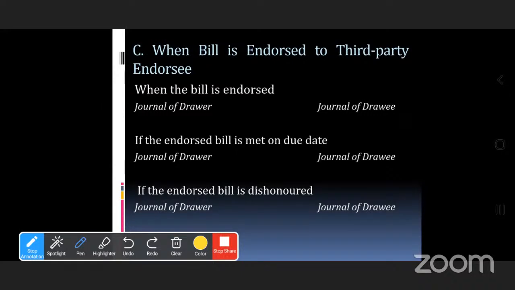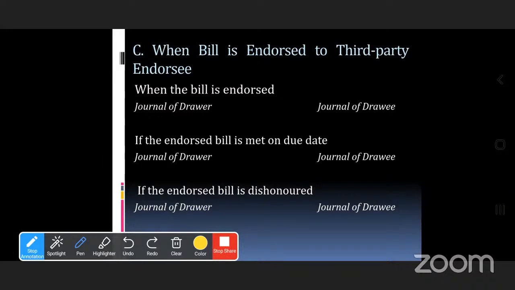So a bill of exchange is easily transferable from one person to another, as I have already discussed in the last class. This is because a bill of exchange is a negotiable instrument. So the negotiability of a bill of exchange makes it transferable by mere physical delivery, which increases its usefulness. That is, the act of transferring a bill of exchange from one person to another for the settlement of debts is called endorsement of bill.